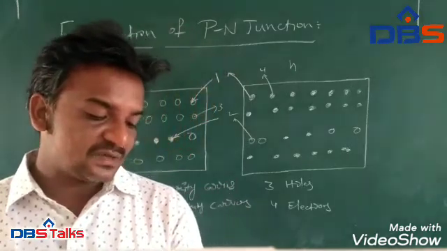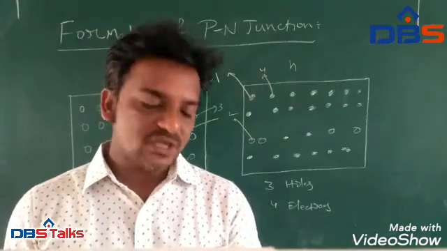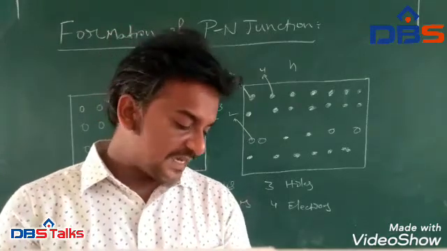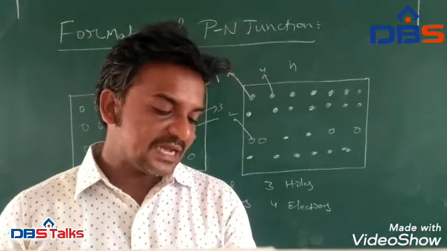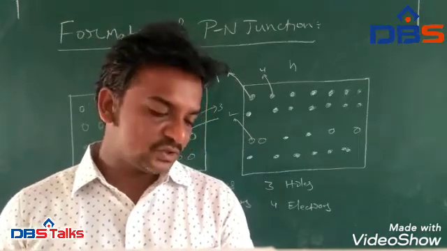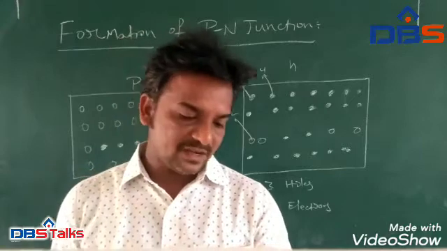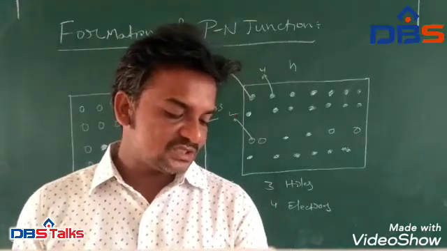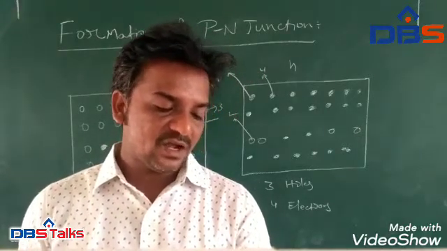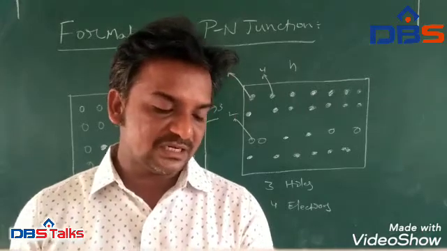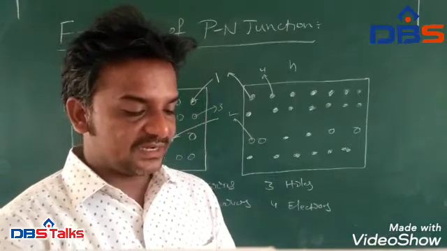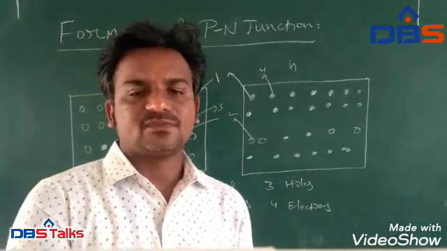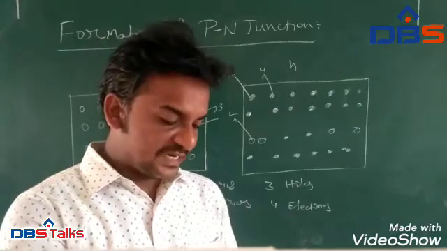This results in the formation of a narrow charged region on either side of the PN junction. The N-type semiconductor close to the junction is positively charged and the P-type semiconductor close to the junction is negatively charged. Due to this formation, we form a PN junction region.